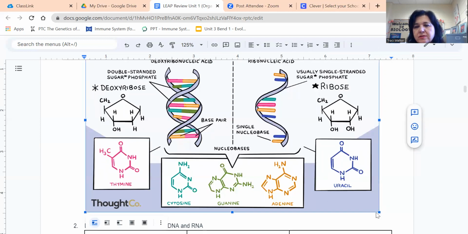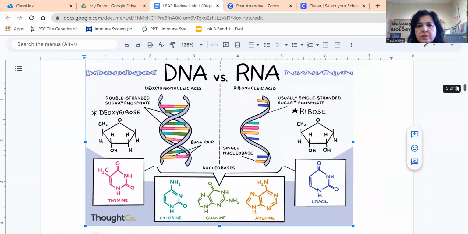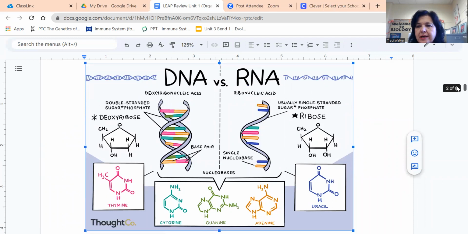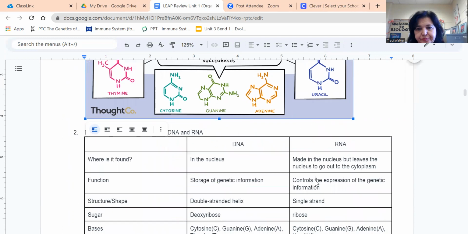Let me make this just a little bit smaller so maybe you can see it. Okay. So you see how DNA and RNA have cytosine, guanine, and adenine. They have those in common, but DNA has thymine and RNA has uracil.